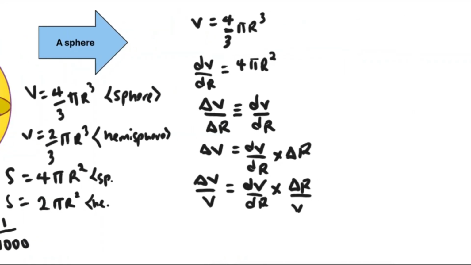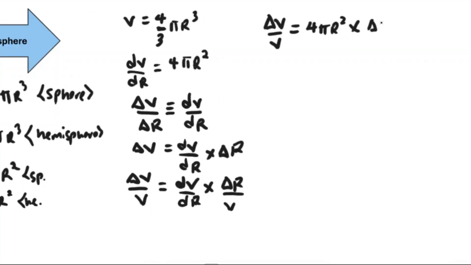Now delta V over V will give us, our dV/dr is 4 pi r squared, so we have 4 pi r squared times delta r divided by our V, which is 4 pi r cubed divided by 3.